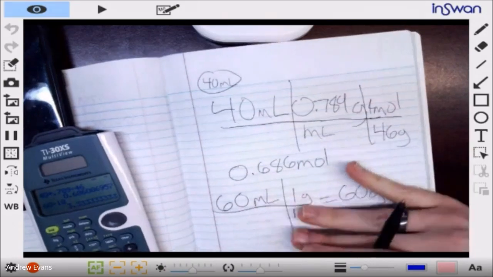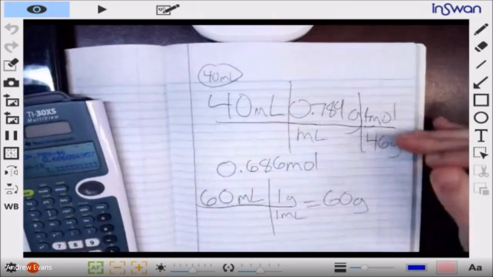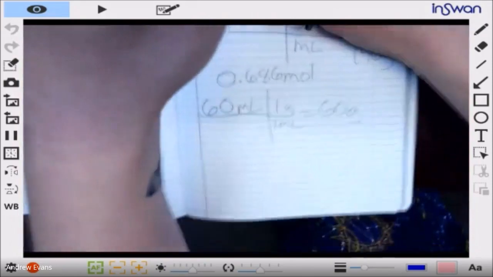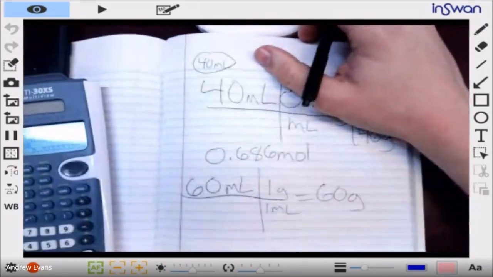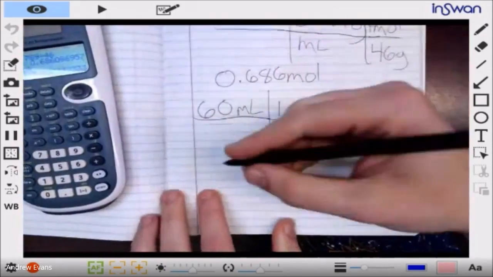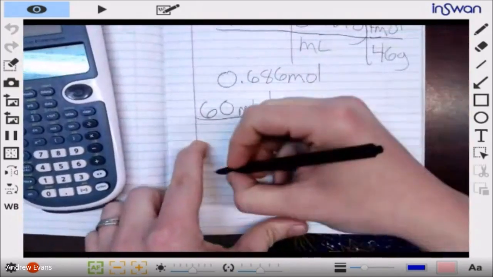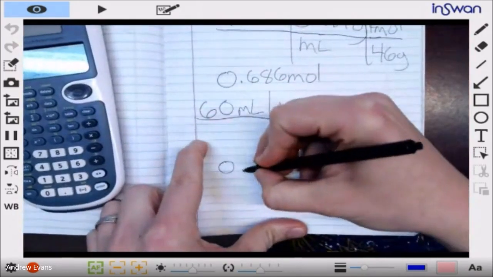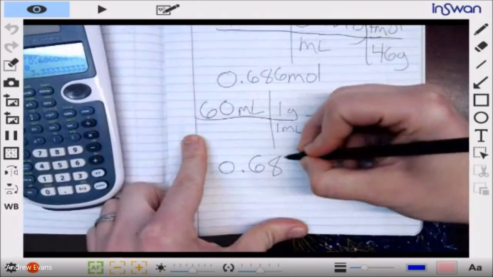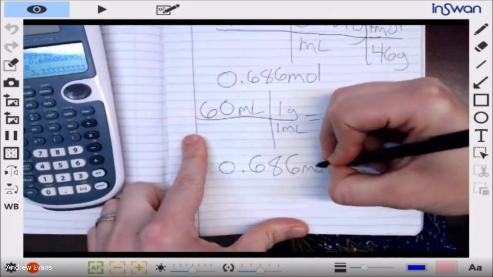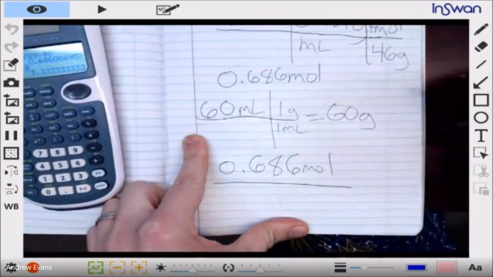So molality says we take the moles of our solute, 0.686 moles, divided by our kilograms of solvent.